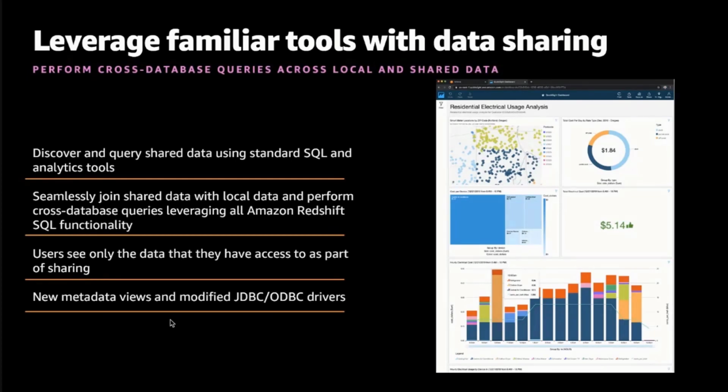The consumer cluster users continue to connect to the databases on the consumer cluster, but they use this cross database query notation, a three-part notation, database.schema.table. So select star from database.schema.table is the kind of notation used to access the data that is coming from other Redshift clusters.